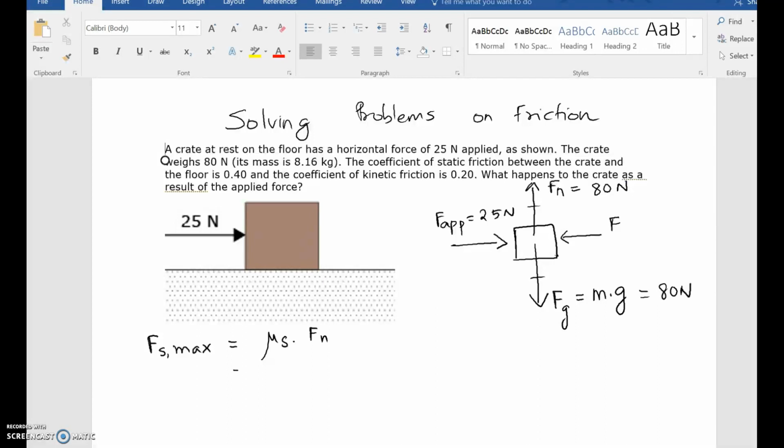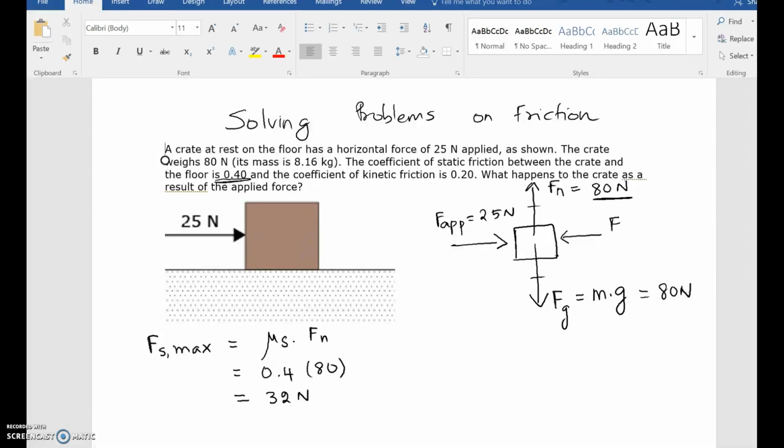It's given that the coefficient of static friction is 0.4, and we calculated the normal force is 80, so 0.4 times 80 is equal to 32 newtons. So you need a minimum of 32 newtons in order to move this object.